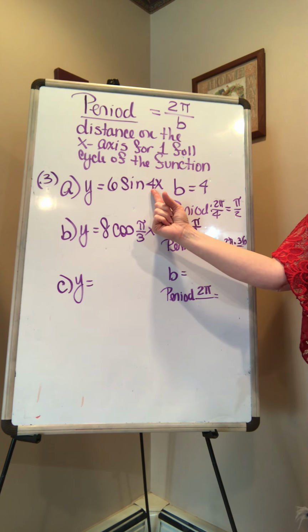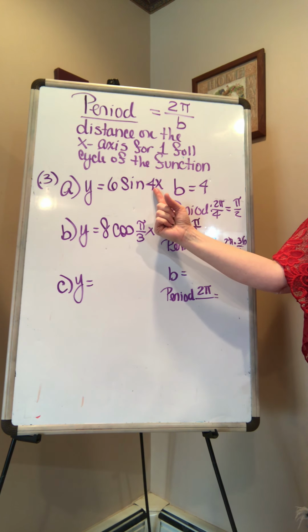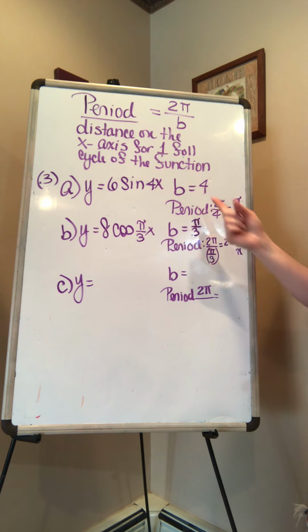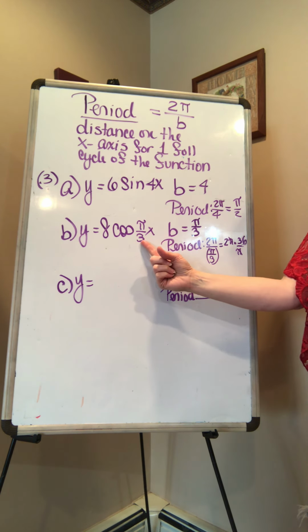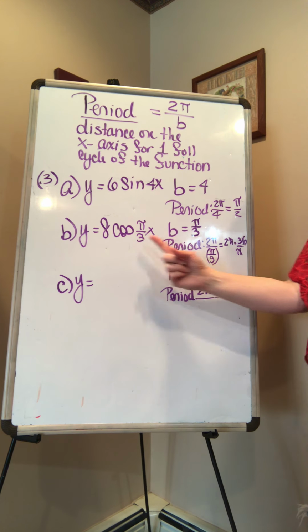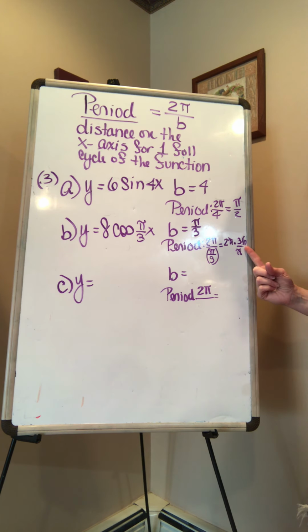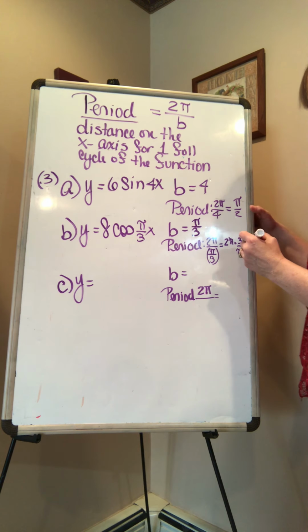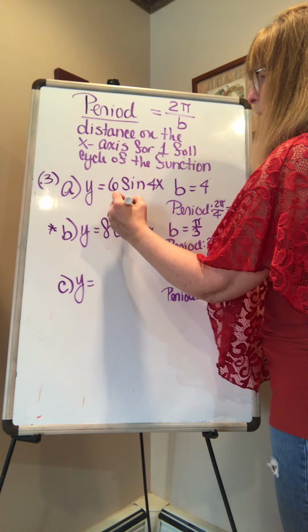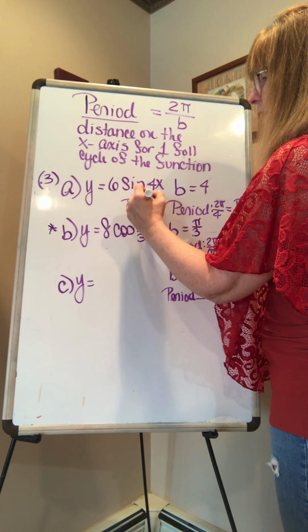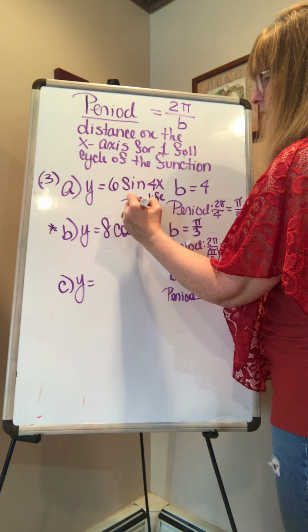When your frequency was a whole number, or some kind of rational number, your period is in radians. When your frequency is in radians, your period is in rational numbers. We're going to use problems like this when we do real life trig functions.